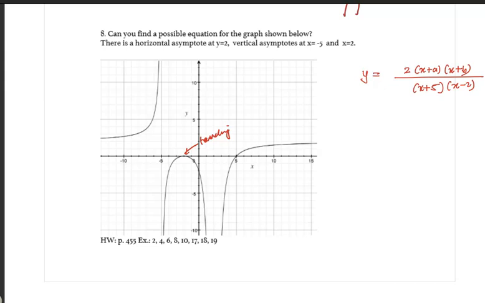So can you say y is equal to 2 x plus 2 squared, you're talking about this value, times x plus b, over x plus 5 and x minus 2.